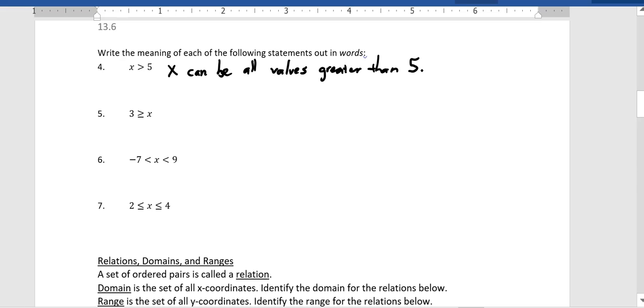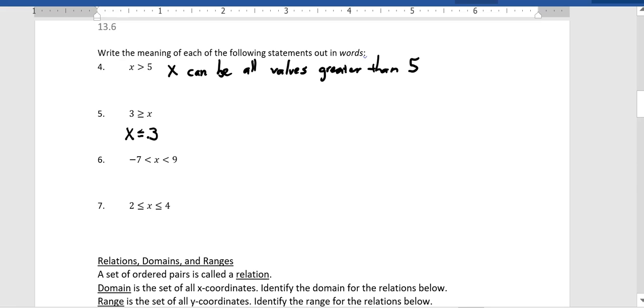Problem 5 has the number first, the symbol, and then x. What we need to do is flip that all over so the x comes first. We would write it as x is less than or equal to 3. It makes it a lot easier to interpret the values that x is going to take on.